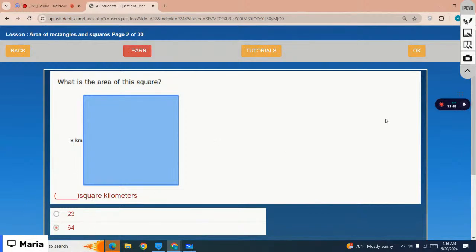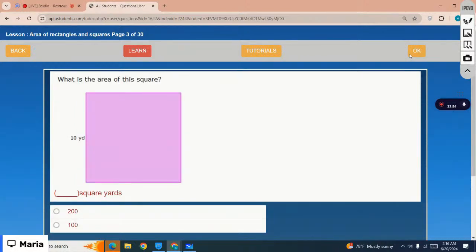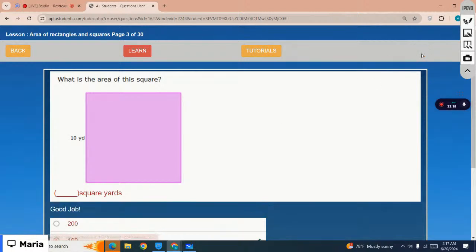So the correct option is 64. What is the area of the square? Which is the correct option? That is 10 times 10 is 100. The correct option is 100 square yards. Option number 2 is the correct option.